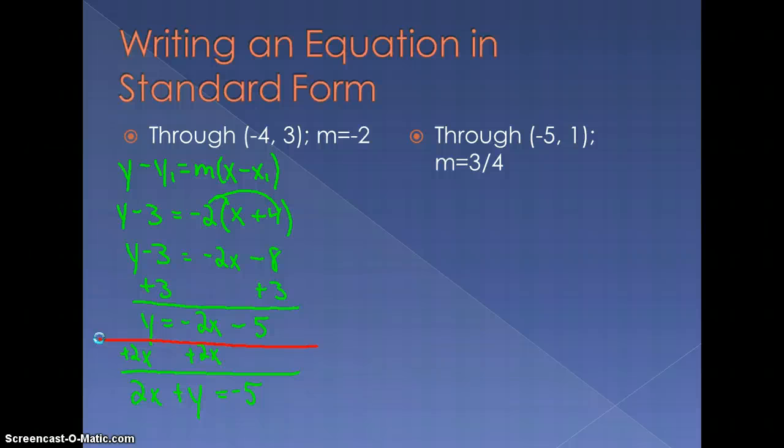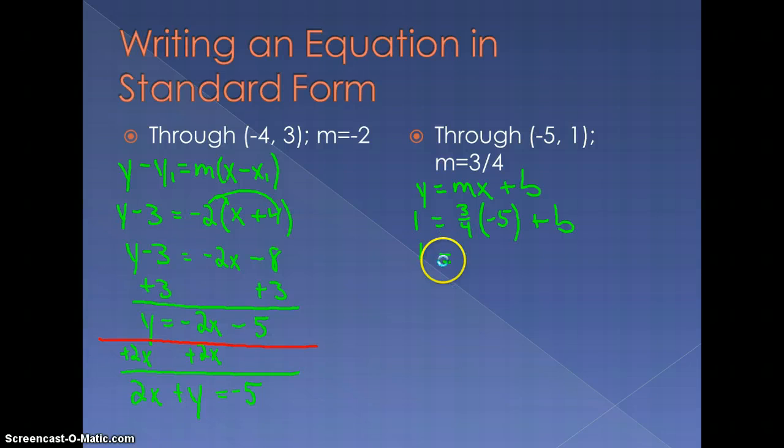That's all. So if we start over here, I'll go ahead and use the y equals mx plus b form, because I know some of you like to use that one. So we substitute in what we know. I have 1 here. My m is 3/4. My x is negative 5, and then I add b there. This one isn't going to work out quite as nicely because we're going to have some fractions involved, but that's all right.